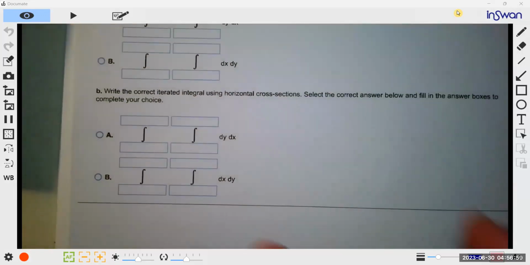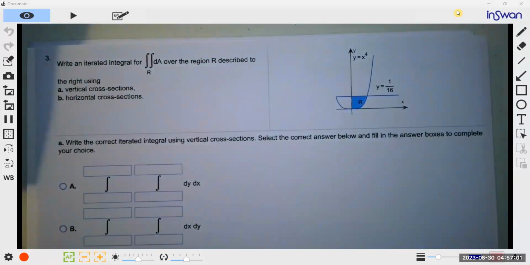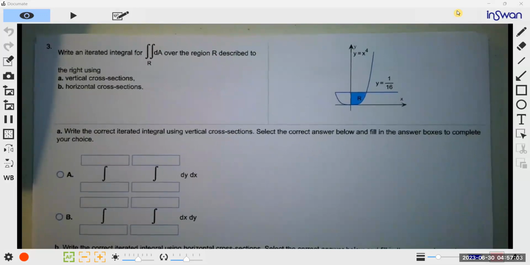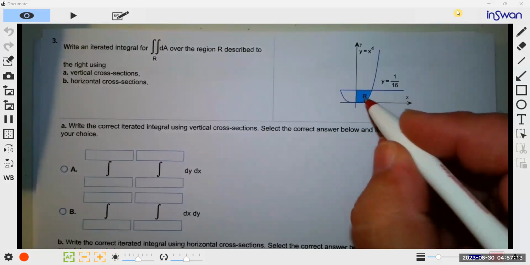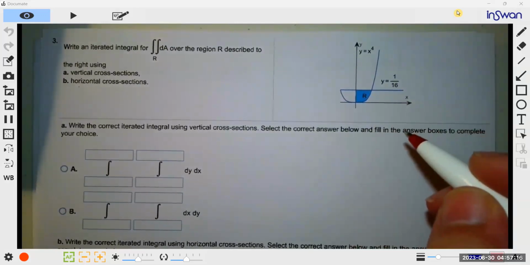Now then, number 3. Okay, this one looks at bounds of integration from vertical and horizontal. So the vertical one, we're looking up and down.